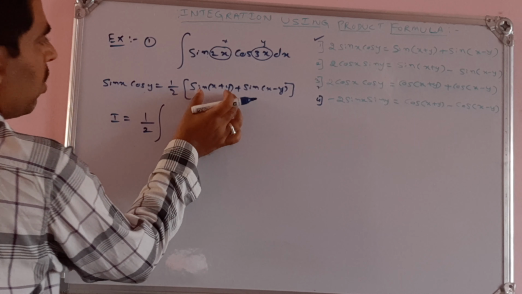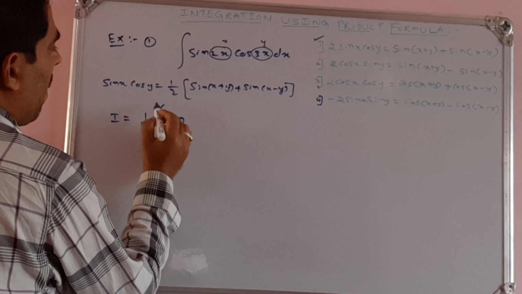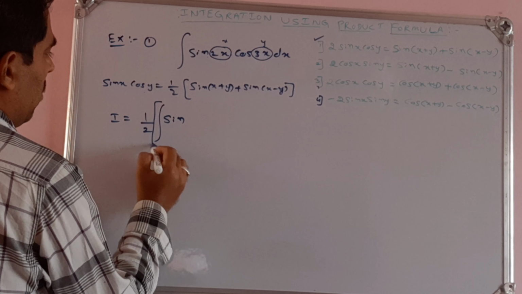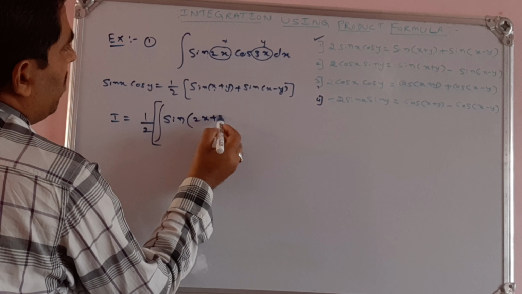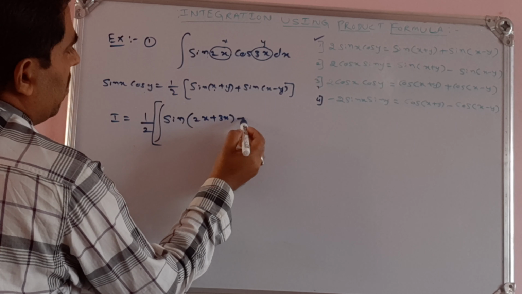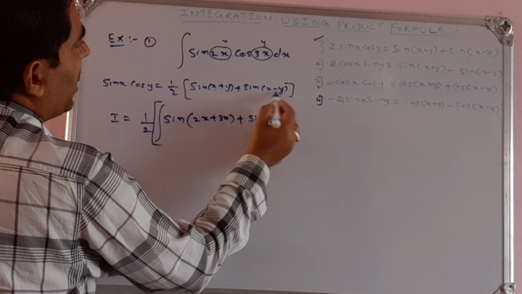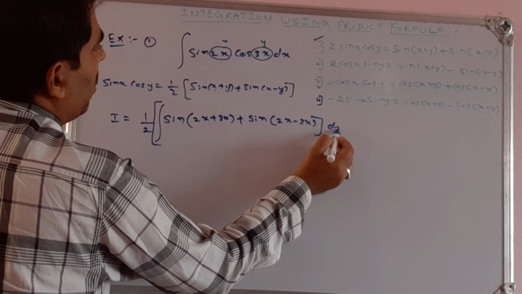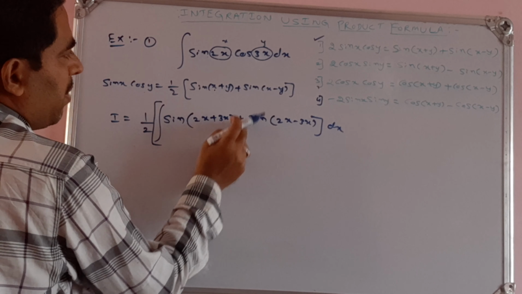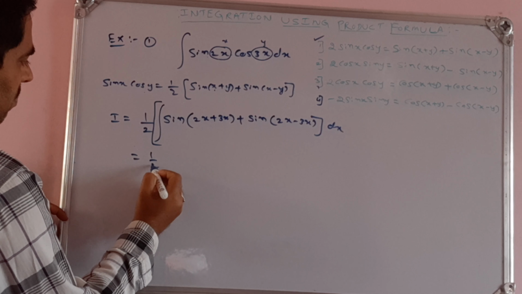So we have half into the integral of sin of x plus y, that is 2x plus 3x, plus sin of x minus y, that is 2x minus 3x, with respect to x. This product becomes a sum.